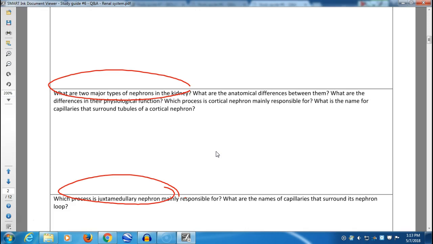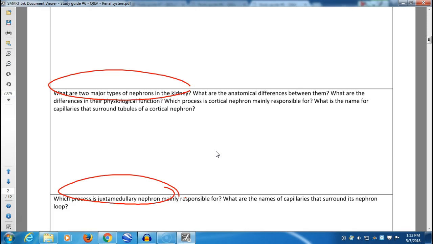I don't think I have ever said that many polysyllabic words in one sentence. So that long loop is countercurrent multiplier. Vasa recta, capillaries around it, is countercurrent exchanger. The main responsibility is water balance. Okay.